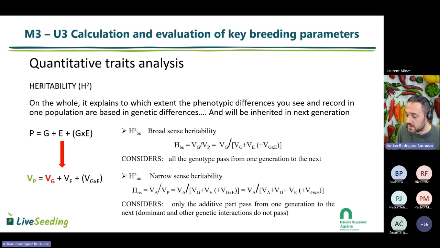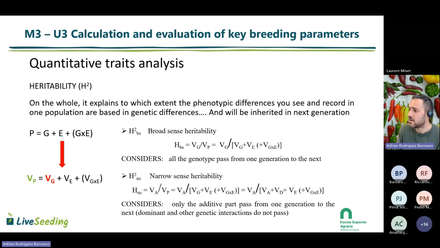So you can see and record that in these 1,000 individuals which will be submitted to selection, I can see a mean of 3 kilos per plant on average, and a variance of 6.5.